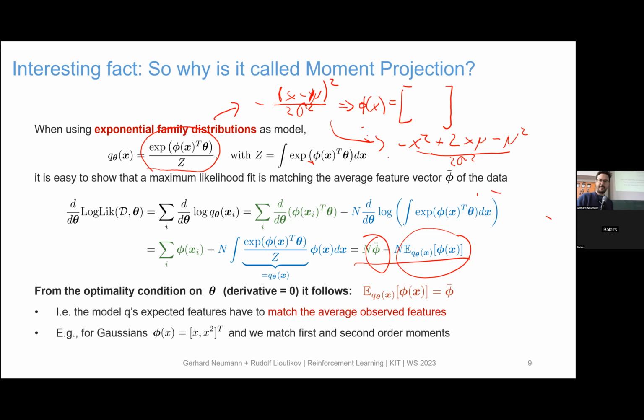So maybe we can do it now. How could I write this equation here as a phi of x times theta? I think the constant we could even forget about, it's just part of the normalizer, but we could write it, yes.